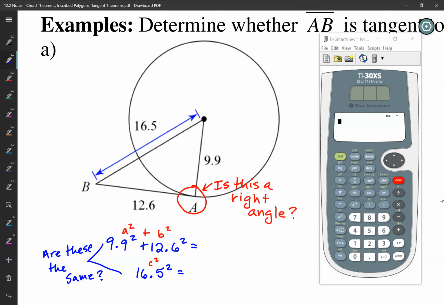If they're the same, that means it's a right triangle, which means that is a tangent segment. So let's find out.